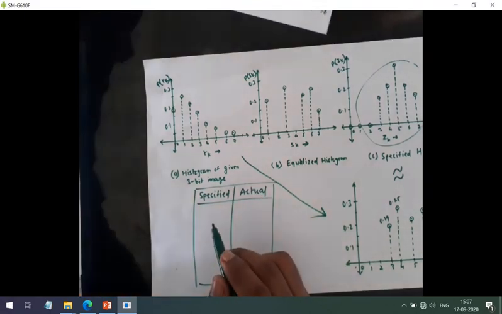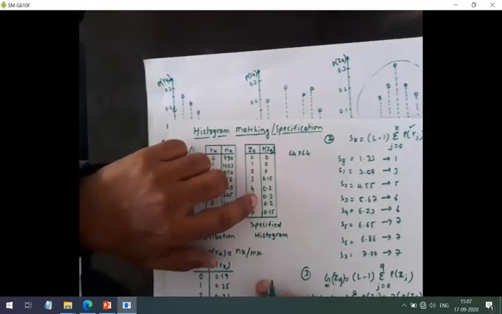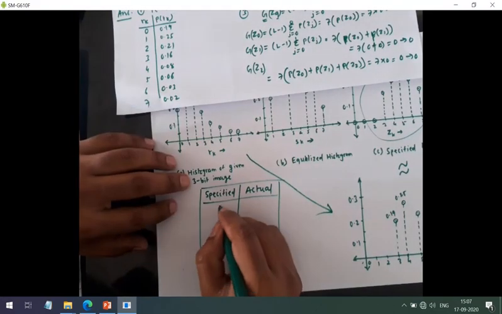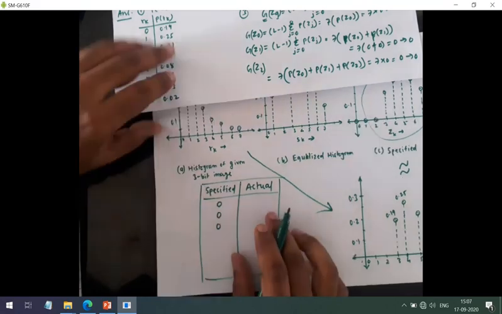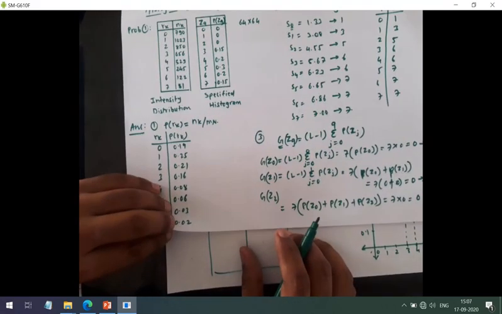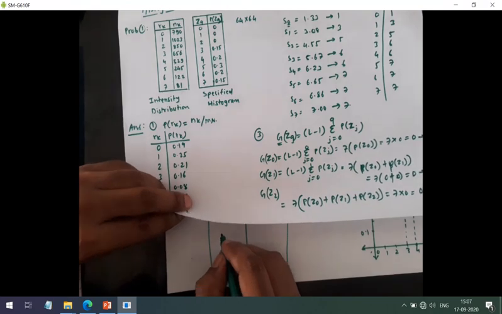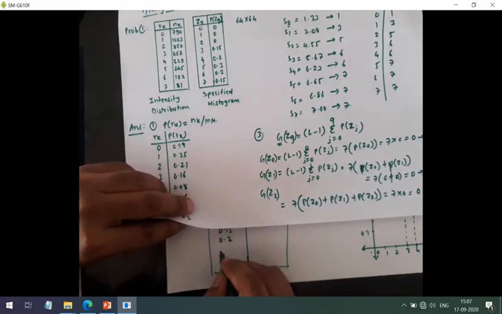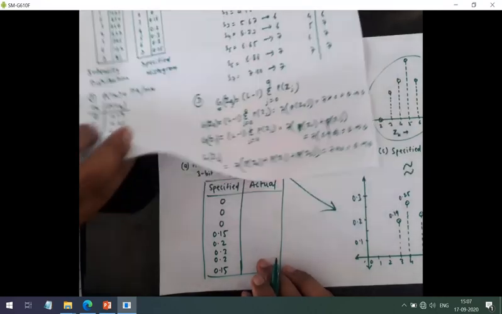The specified values were given in the given data. So it was 0, 0, 0, then 0.15, 0.2, 0.3, 0.2, 0.15. And what values have we obtained?